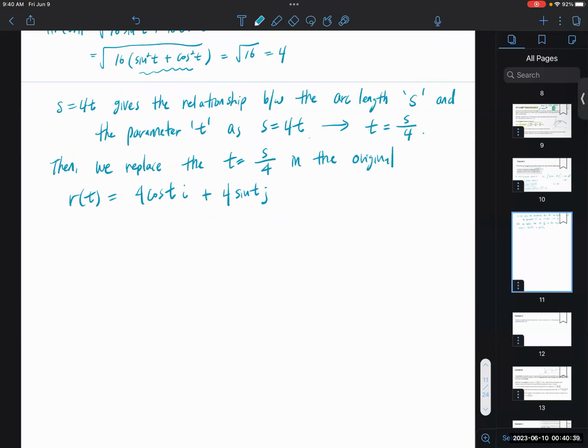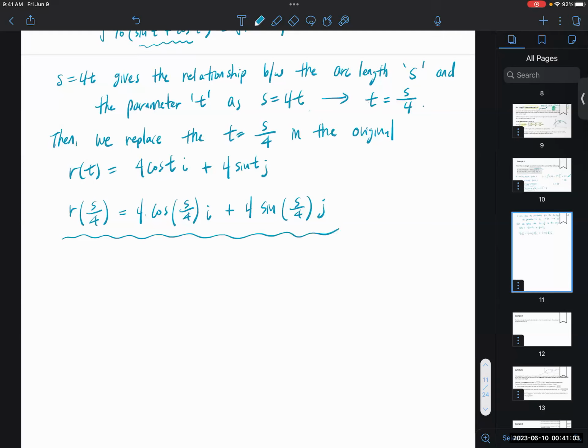Now if you substitute, R of t becomes R of S over 4: 4 cosine of S over 4 i plus 4 sine of S over 4 j, by just plugging in. So what does it mean? This is the arc length parameterization of R of t, in terms of the S variable.